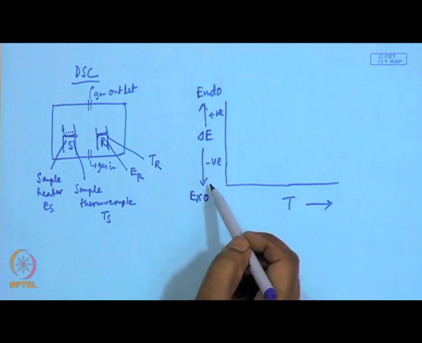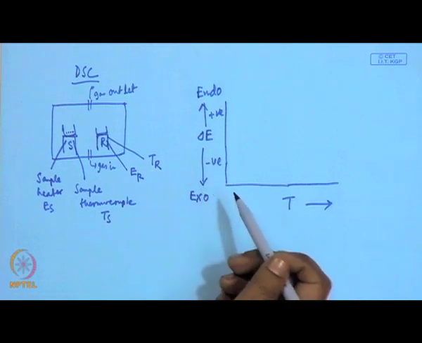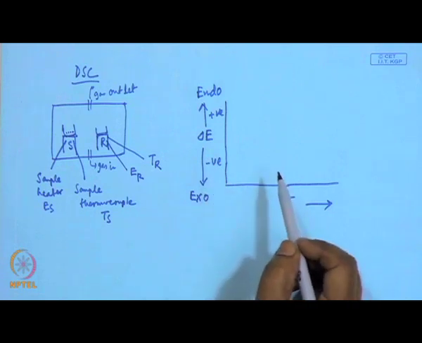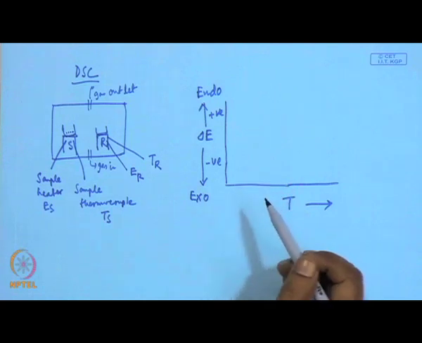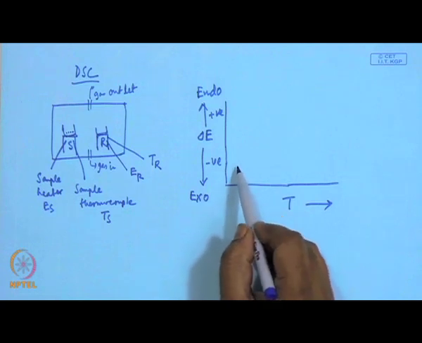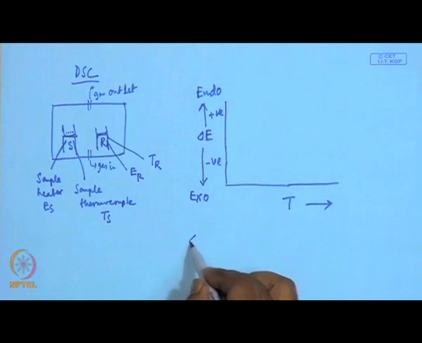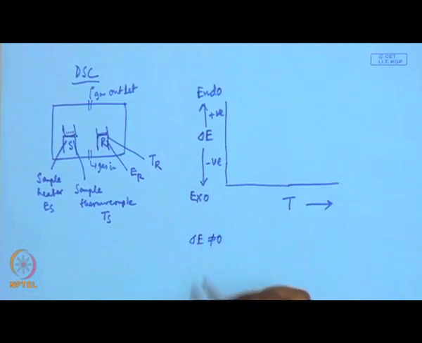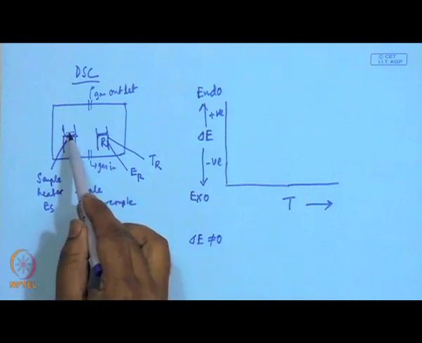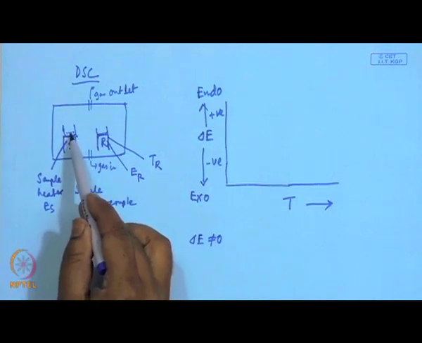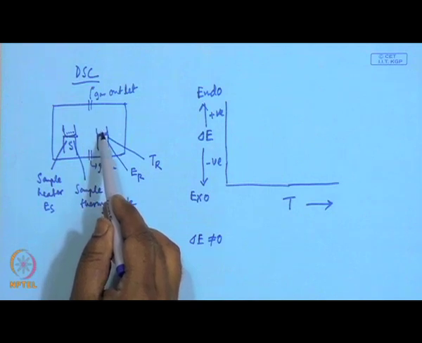So, delta E becomes negative. If you consider a process, typically delta E is never 0, because there is always a difference in the heat capacity between the sample and the reference.